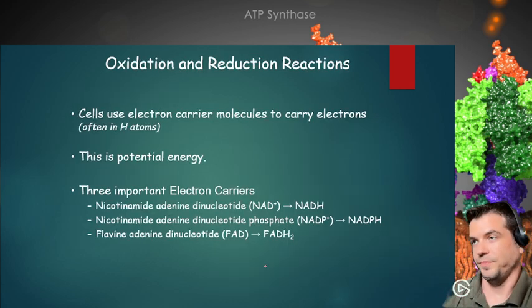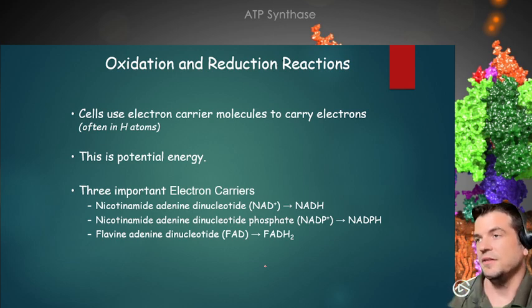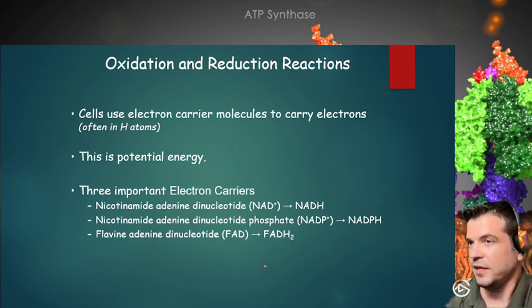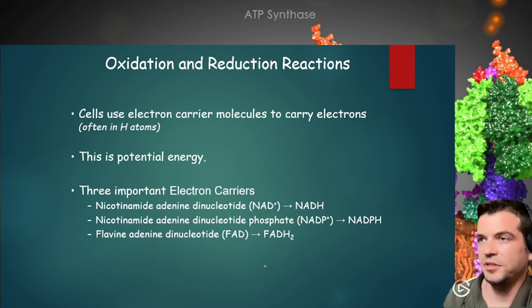So, like I said, the potential energy is what powers these. And most of the time in our cells, we have three different electron carriers that are solely there to carry these electrons safely.